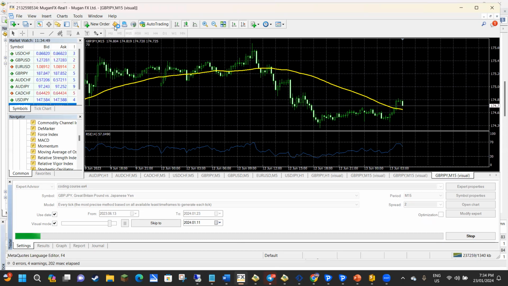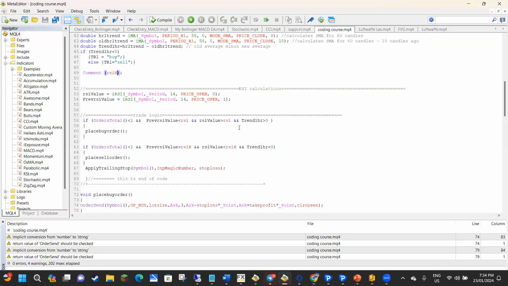So that's not the right thing to put in because that's the value that we actually set. We need to get it to print the current RSI value.